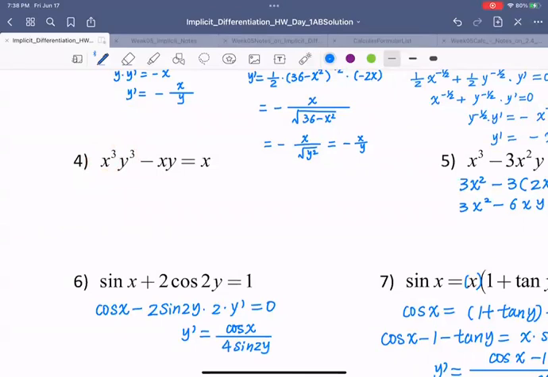X cubed times... you want to do this guy's derivative first, right? You treat this as a product of two. So you do this guy's derivative, copy down this one, plus this one copied down, times this guy's derivative, okay? You got it?